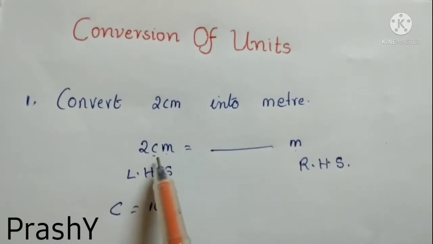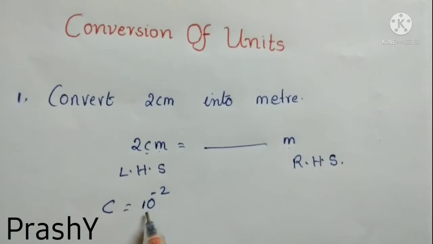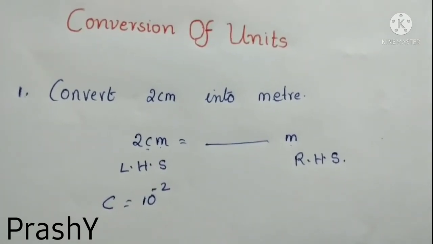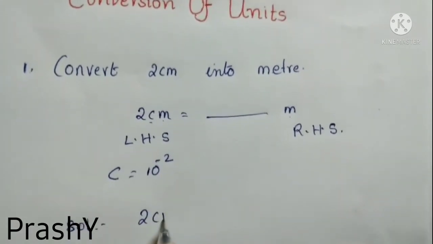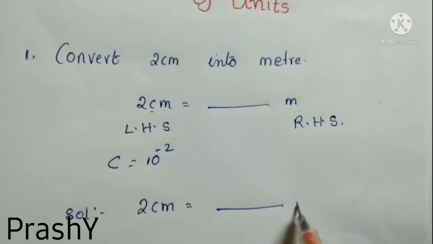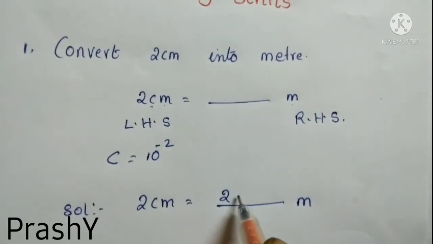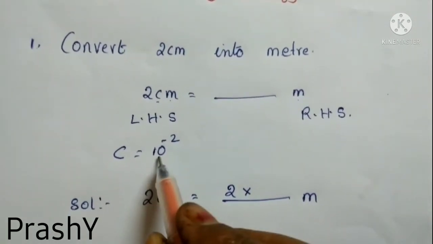Now we have to check where centi is. Centi is in left hand side. So when centi is in left hand side, we have to write the value as it is. See, here I am rewriting the solution. 2 centimeters is equal to dash meter. So here we have 2. Write 2 as it is, into. Now centi value is 10 power minus 2.